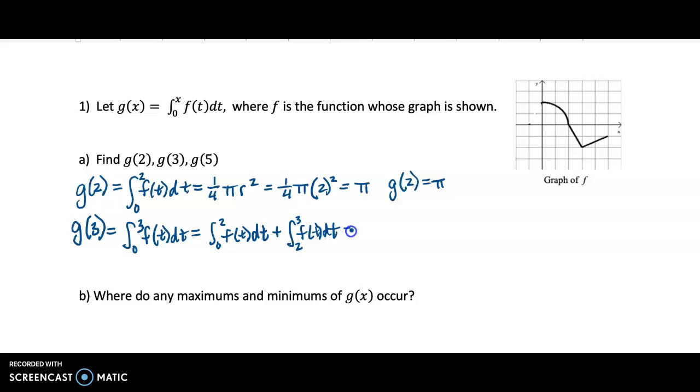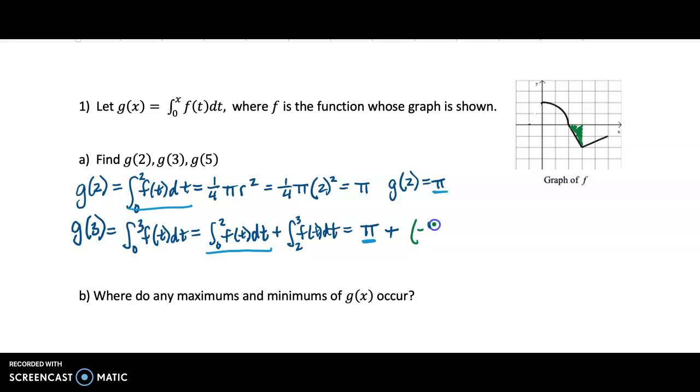So much to write down. You don't have to write all of this down, but I'm trying to show you. The first answer here is pi, because I'm taking the answer from what I just did up here. So that's where that's coming from. And then I need to add the area under the curve here from 2 to 3. Notice that's negative. It's below the axis, so whatever I'm going to do, it's negative.